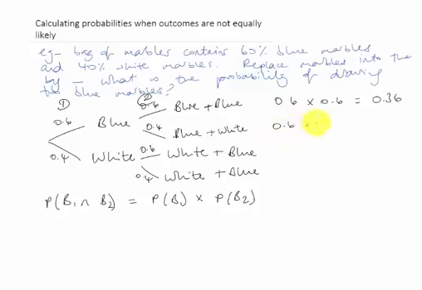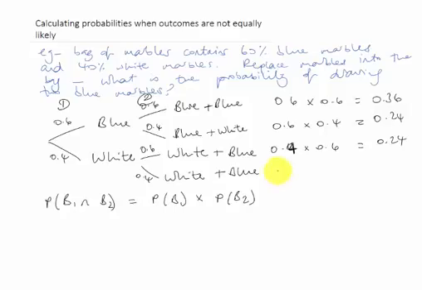Then 0.6 times 0.4 gives you a blue and then a white, 24% of the time. And 0.4 times 0.6, you draw a white and then a blue, also 24% of the time.